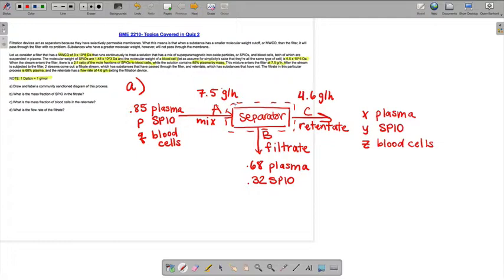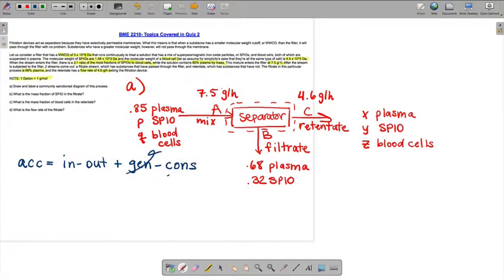The first thing we should do is write out our governing equation, which actually, let's do this in a different color. Accumulation is equal to in minus out plus generated minus consumed.